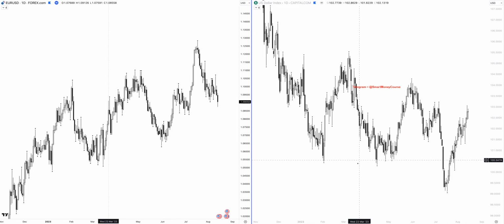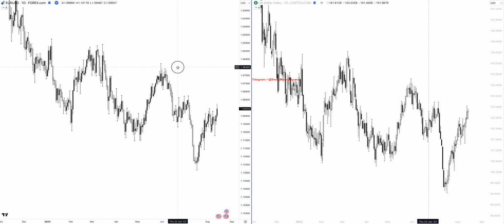What do I mean by that? Well, if we look at EU on a daily to the left, we're seeing overall on the daily we're putting structural higher highs and higher lows. If we look at the DXY, we're putting structural lower lows and lower highs. Now, if I just invert my chart on EU, you can see now that they're correlated. Not exactly, they never will be, but they are an invert of each other.